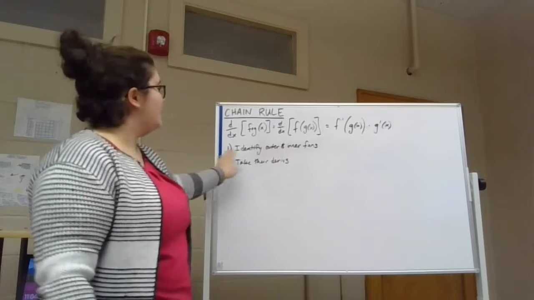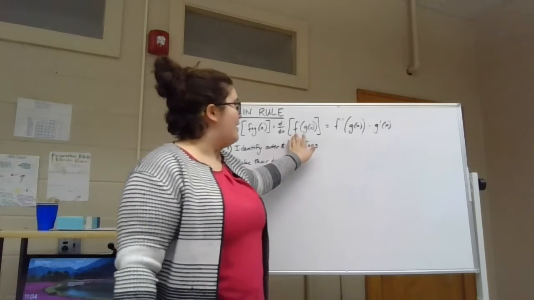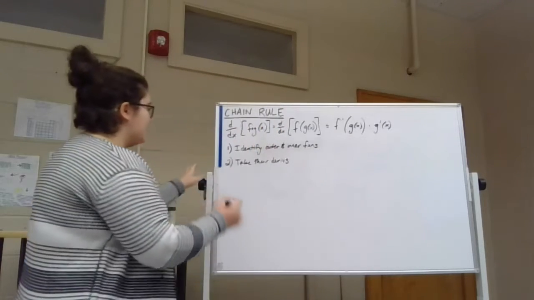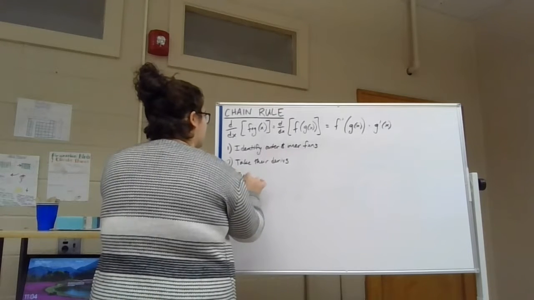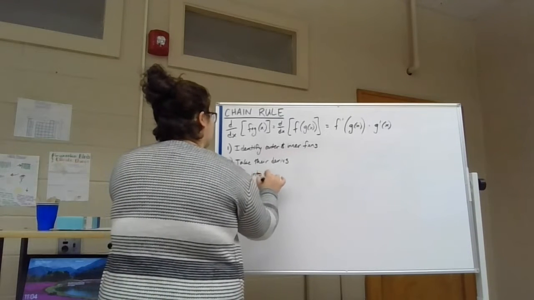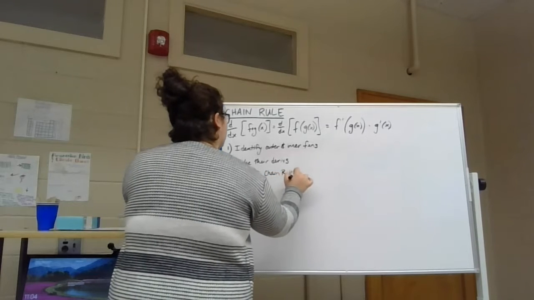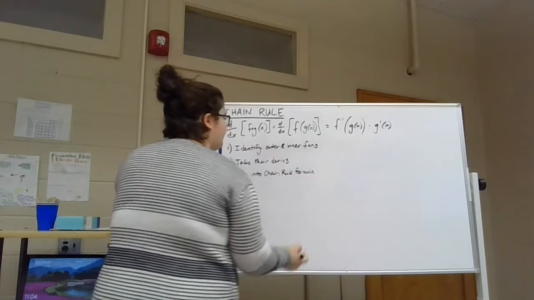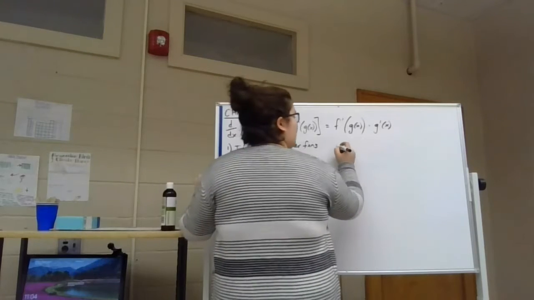Once you have identified and taken their derivatives, you will have f and g and f prime and g prime. So you'll have all the pieces you'll need. So step three is to plug those into the chain rule formula. Three easy steps. So now let's try an example.